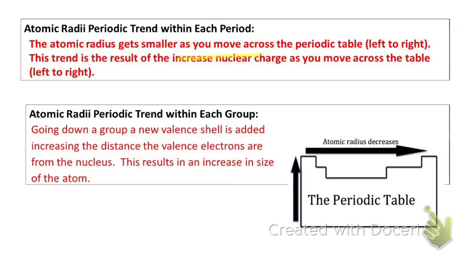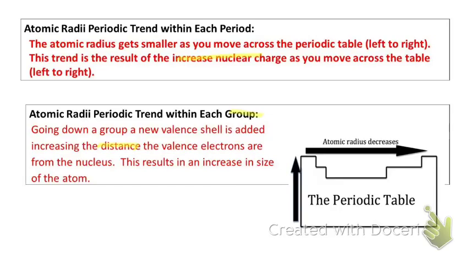Whereas going down a group, a new valence shell is added, increasing the distance the valence electrons are from the nucleus. This results in an increase in the size of the atom.